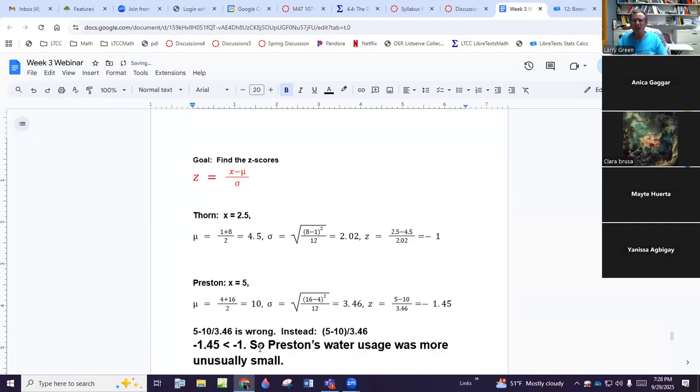Was Preston an outlier, by the way? Okay, the answer is no. Outliers have to be less than negative 2 or greater than 2. And Preston is negative 1.45, which is not less than negative 2.